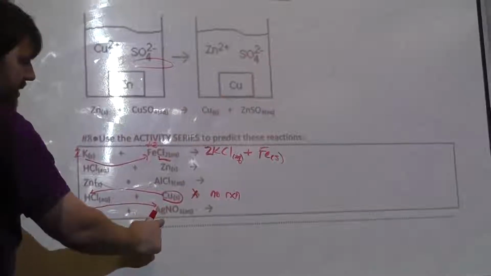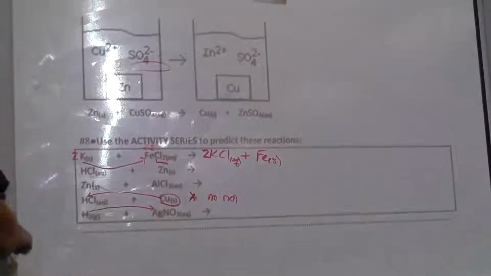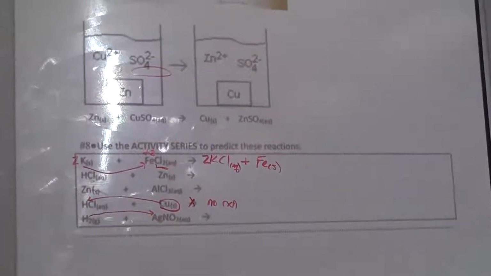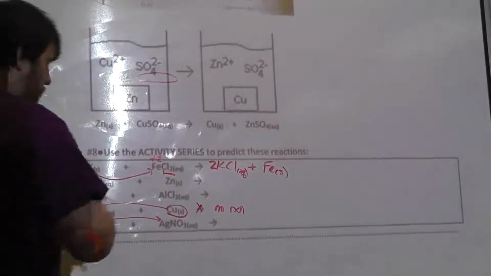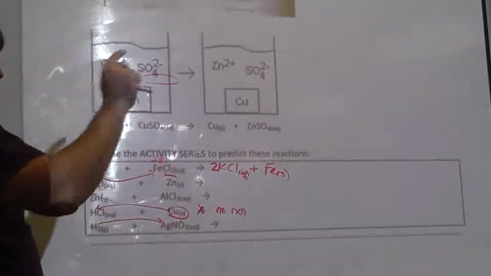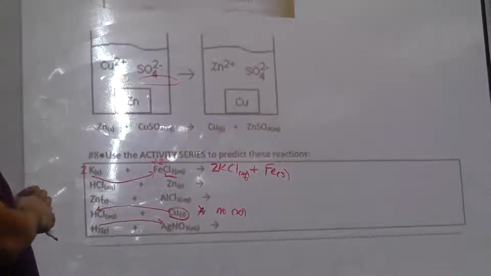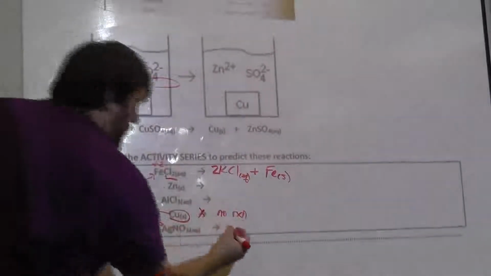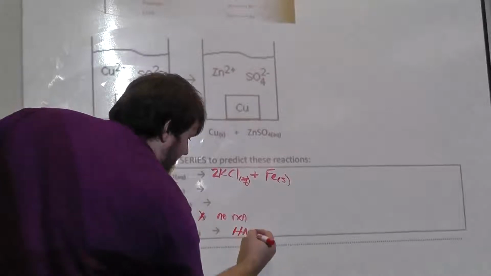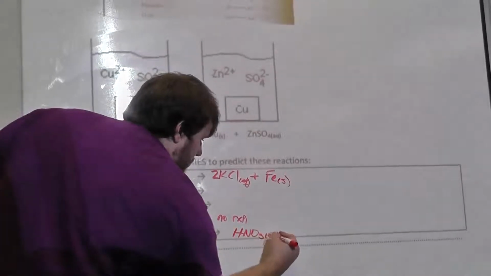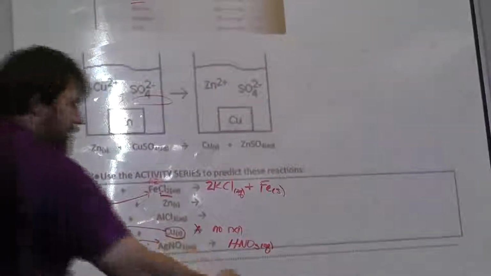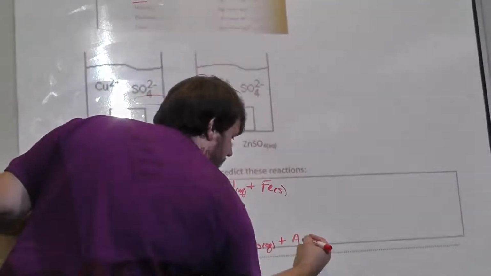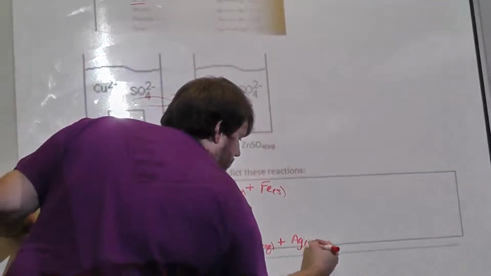When this hydrogen comes in, what's the charge on nitrate? -1. And what's the charge on a single atom of hydrogen? +1. So what you'll get is nitric acid, HNO3, and just solid Ag.